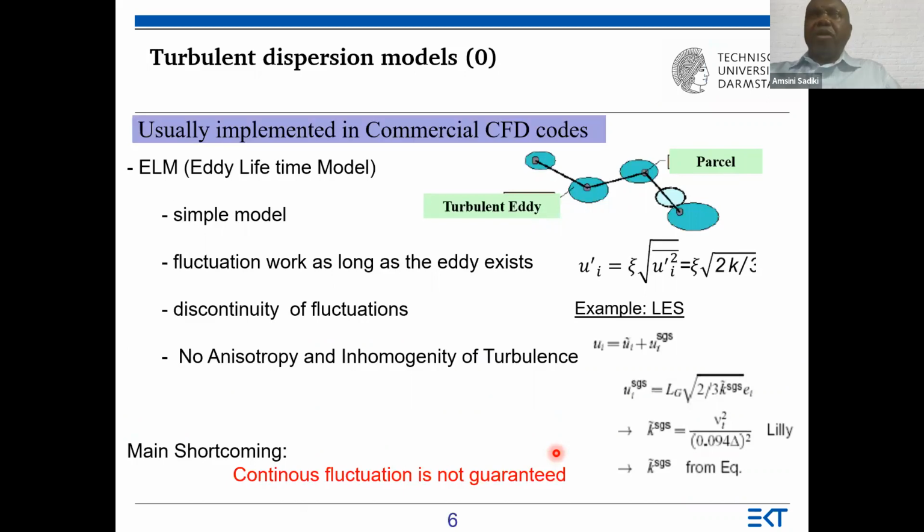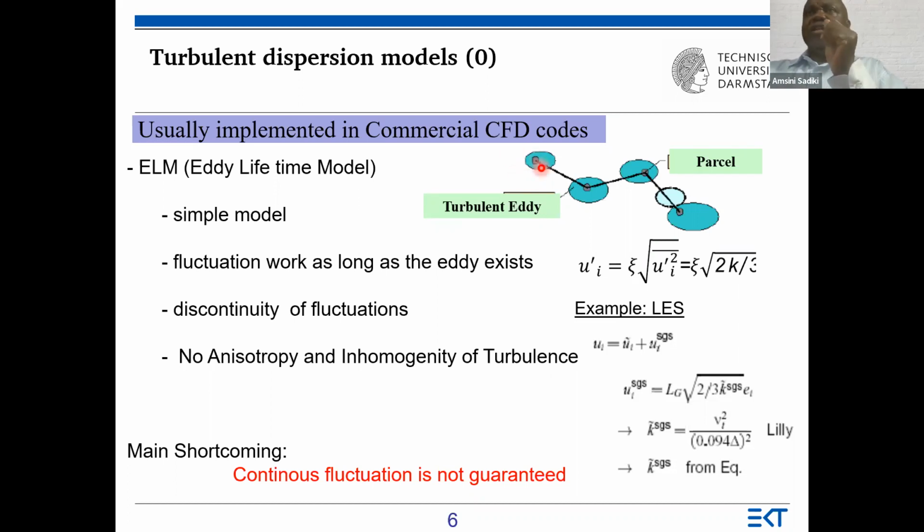The eddy lifetime model is very simple. We say that there is interaction between the structure of the turbulence and the particle. If one particle is in interaction with the structure, then it is influenced by it. And we assume here that we are dealing with small particles, so that their relaxation time will be very small compared to the integral time scale.